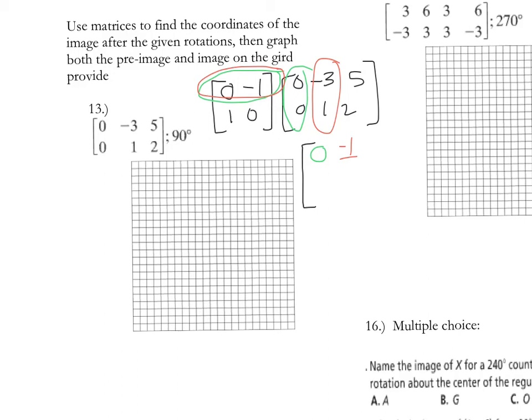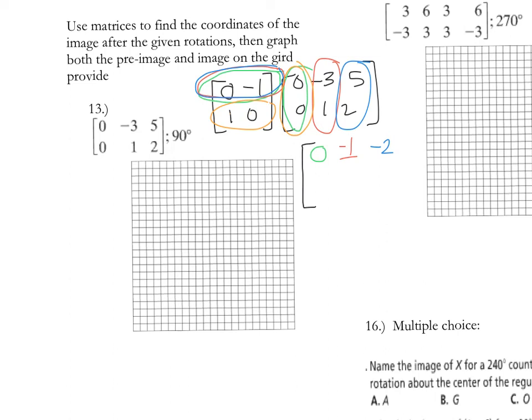Third spot, first row, third column. So you do 0 times 5 plus negative 1 times 2. So it's negative 2. Okay, now next one. Second row, first column. 1 times 0 plus 0 times 0.